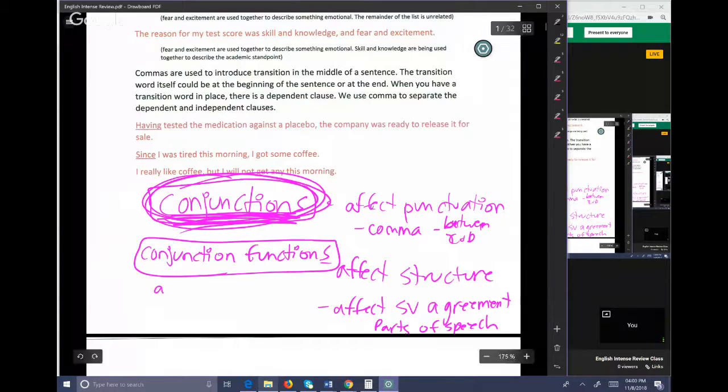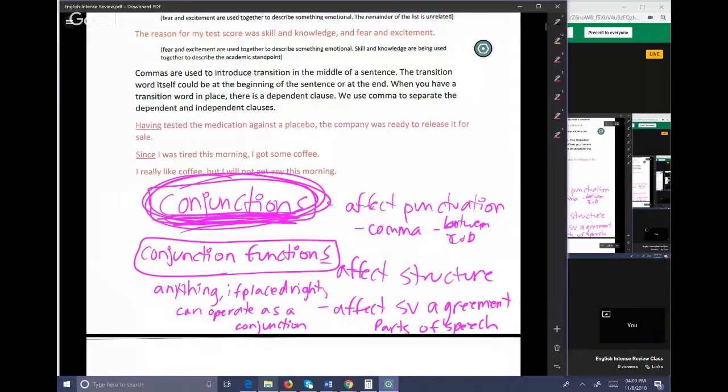Conjunction function is essentially the idea that anything, if placed right, can operate as a conjunction. And that is a very important concept to keep in mind. Anything that is placed in the right spot could actually cause a dependent clause to occur, even if it's not because or however or as.